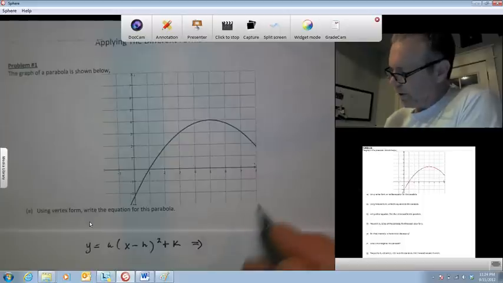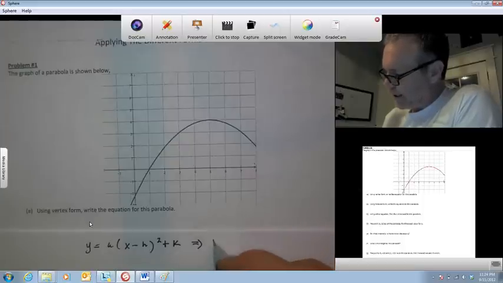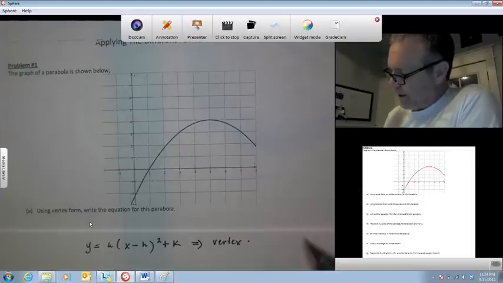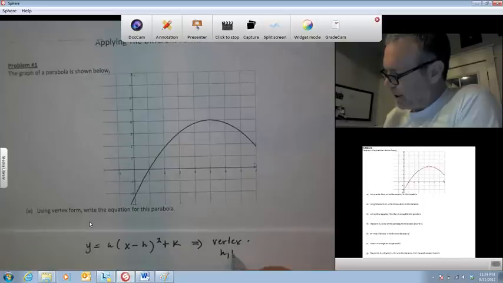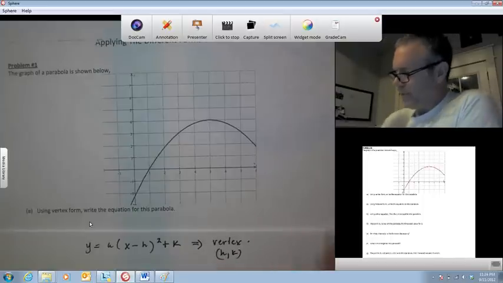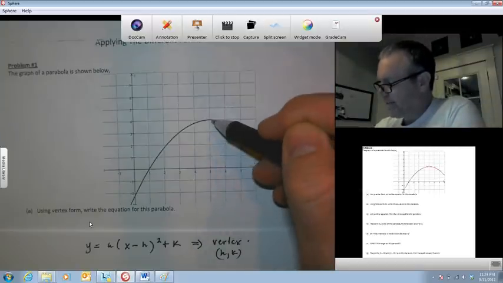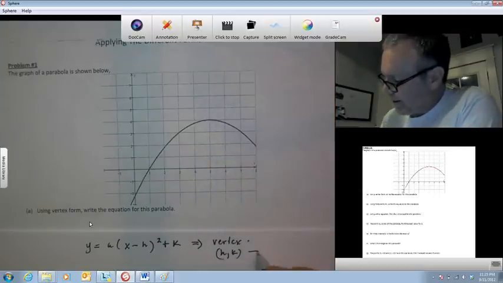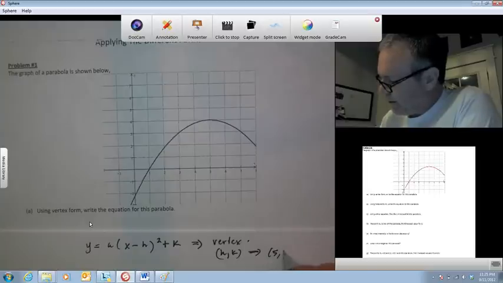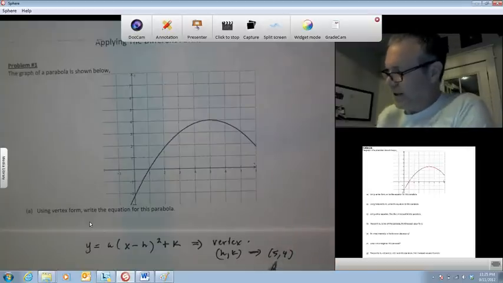The most important thing about this form is that the vertex is going to be (h, k). From the graph, we see that our vertex is at (5, 4). So our h value is 5 and our k value is 4.